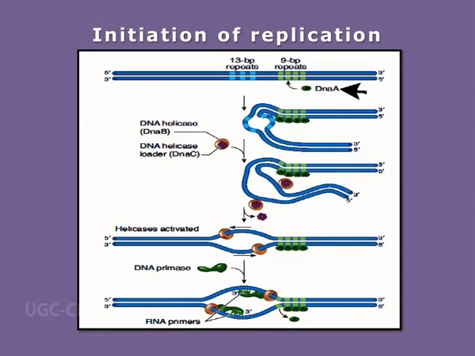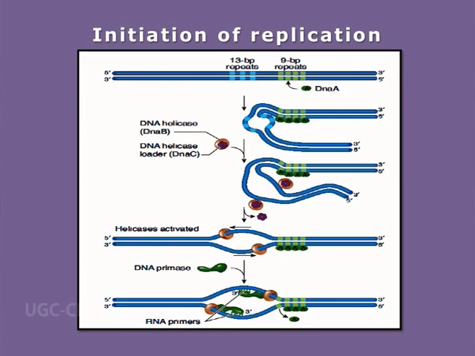So let's see further. On further examination, it is found that the DNA A protein is able to recognize the 9-mer sequence. It binds to it, followed by the DNA B binding to the ORI site.